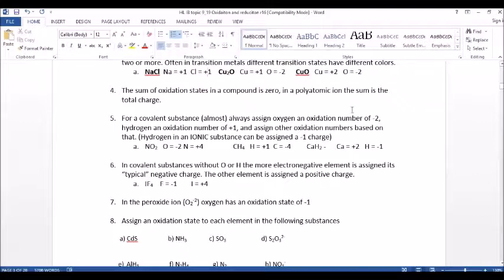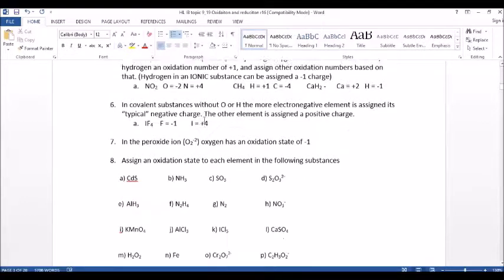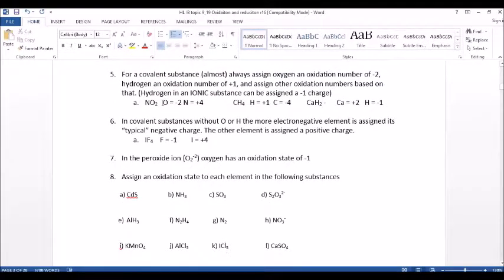In a polyatomic ion, though, if we're asked to find those oxidation states, the sum would be the total charge, and we'll look at some examples here. Something that's a little different is we haven't talked about charge in terms of covalent substances. Covalent substances really don't form from ions, so we have to do something a little bit different.